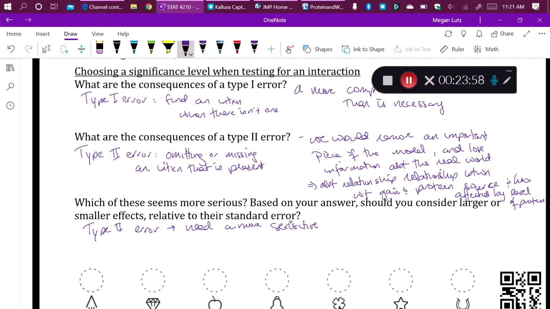So if we think back to the readings at the very beginning of the semester, when we've seen and read about people just always arbitrarily using an alpha of 0.05 without really thinking about the ramifications of the type 1 and type 2 errors, this is one of the possible outcomes.